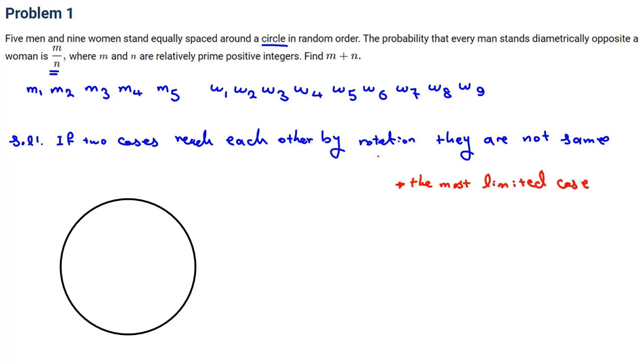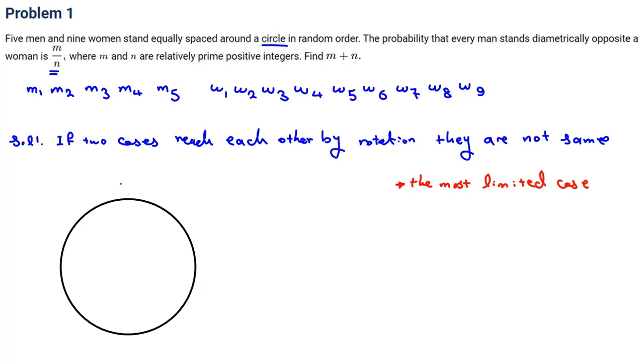So, look, all men should be opposite to a woman. Each man should be opposite to a woman. But if you consider, for example, W1, maybe she is opposite to a man or not. So we can understand that men are more limited than women.